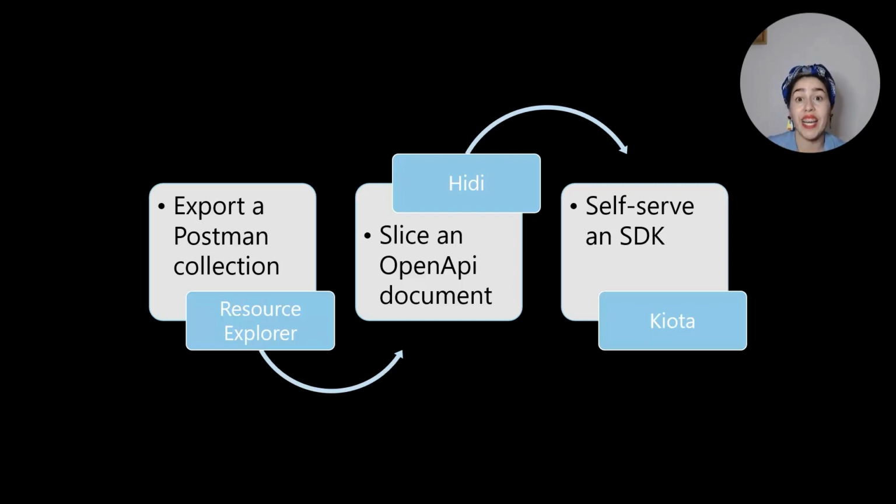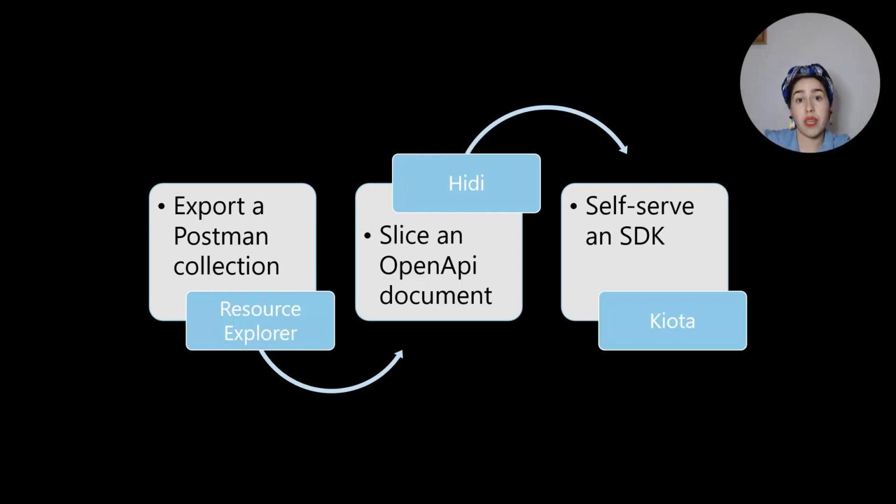HIDI is a command line tool that allows for the processing of OpenAPI documents, to validate the documents or to do some sort of transformations and conversions from V2 to V3, for example, and vice versa, or JSON to YAML and vice versa, etc. So I am going to use HIDI to slice the OpenAPI document.